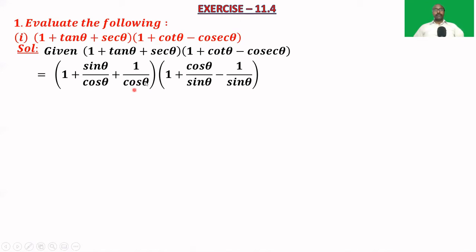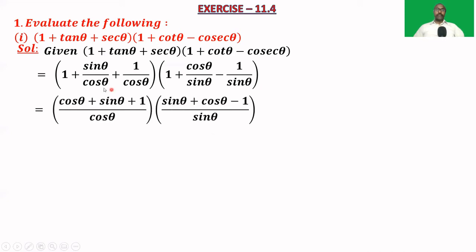Now, in the first bracket, take cos theta as LCM. And in the second bracket, take sin theta as LCM. Then we can write cos theta into 1, cos theta plus sin theta, and 1 remains same. Here also sin theta into 1, sin theta and cos theta, 1 remains same.